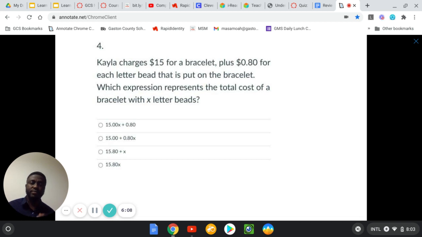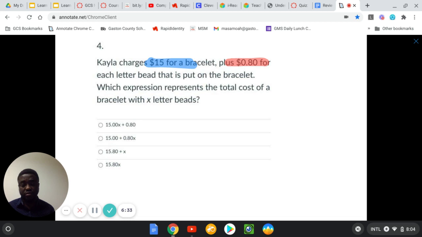All the time when you are looking for this kind of expression, look for the constant term. This charge becomes a constant term. And this is how much you pay for each letter that will be written on the bracelet. Let's say she has 5 letters, you multiply 5 by this, plus the bracelet charge.